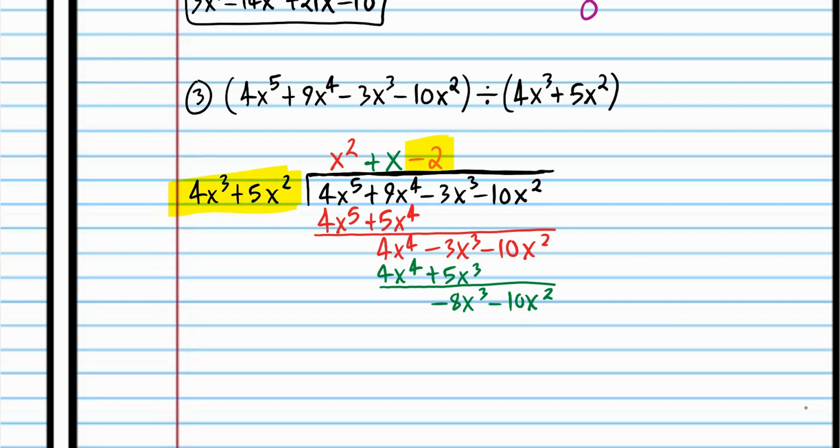Negative 2 times 4x to the third is negative 8x cubed. And negative 2 times 5x squared is negative 10x squared. That was step number 2 of the third cycle. Now step number 3 is to subtract, so we draw that horizontal. And notice that those numbers are the same, so we're just going to get 0.